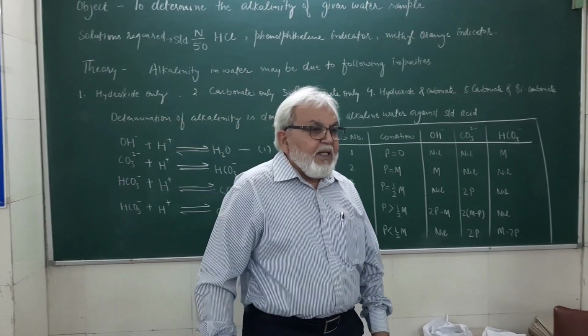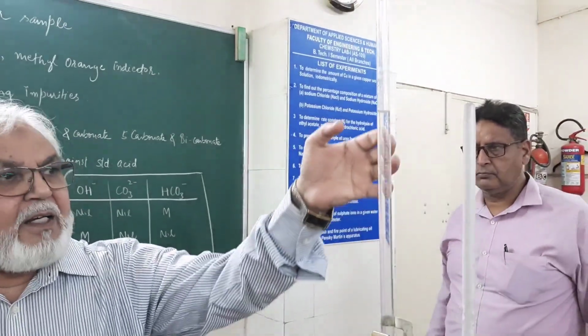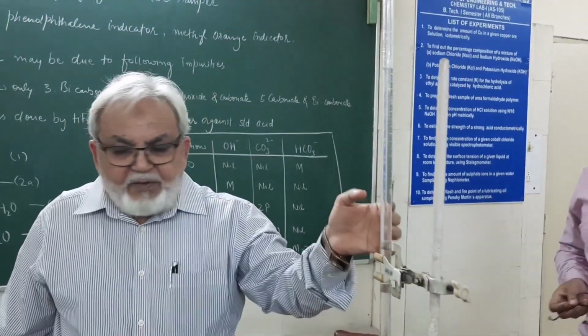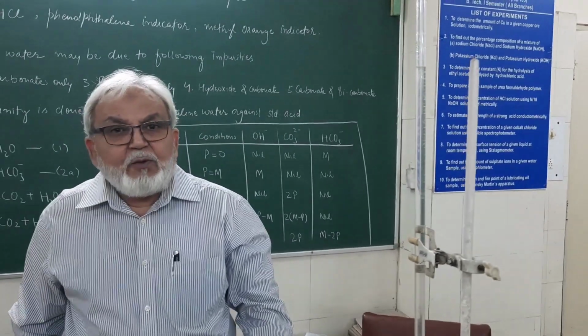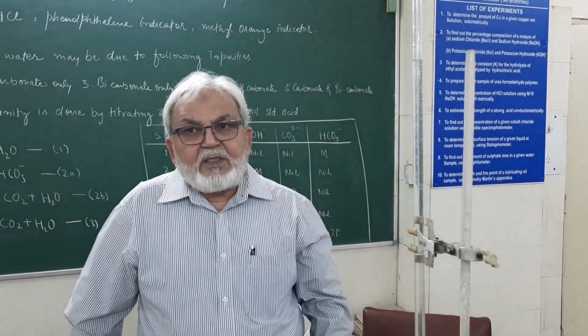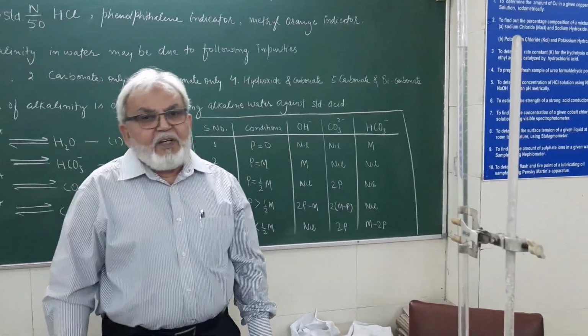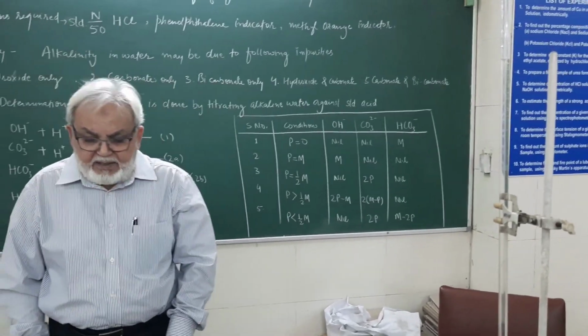For the methyl orange endpoint, we will consider the total amount, and up to the phenolphthalein endpoint, we will consider the volume consumed till the color of the solution turned from pink to colorless. Now by these readings, we will make our calculations.